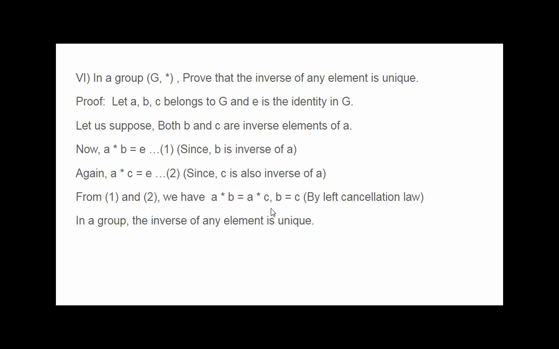So in a group the inverse of any element is unique. Uniqueness is there in case of inverse also and in case of identity also. We have proved this one.